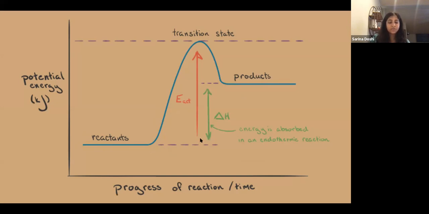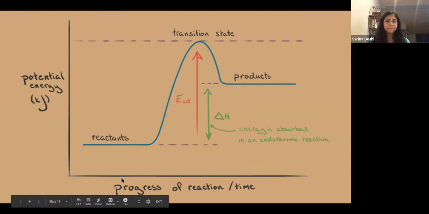This net change, marked by delta H, would be the energy absorbed in the endothermic reaction. This is very intuitive and straightforward because you start at the bottom and go all the way up. This is all the energy that you absorbed. Then you'll release some of that when you make the products and you'll be left with this net change. Okay.